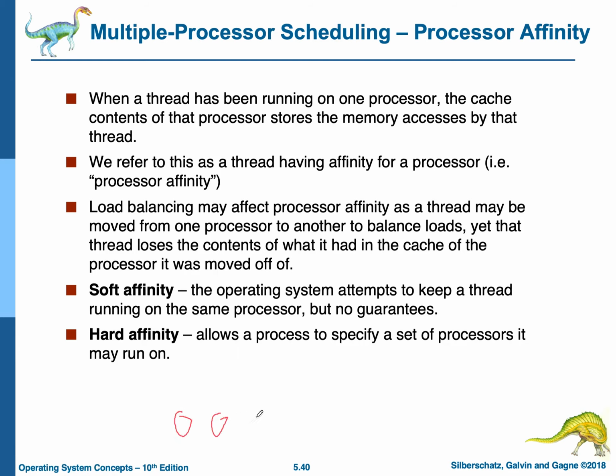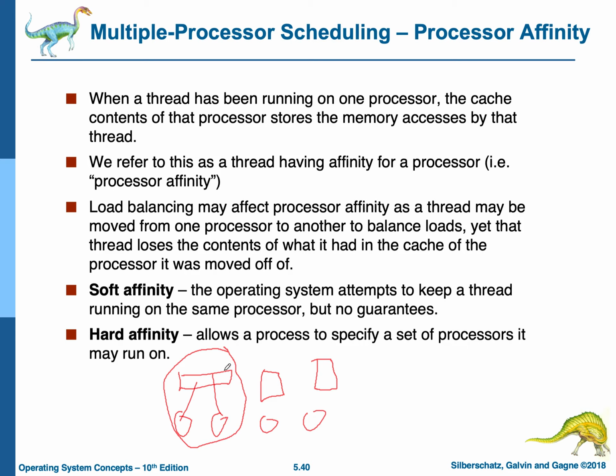For example, there are 4 cores. This one says it has its own queue, while these two have a shared queue. So this queue might have these two processors. A process in hard affinity is only bound to remain in these two cores, not in these.